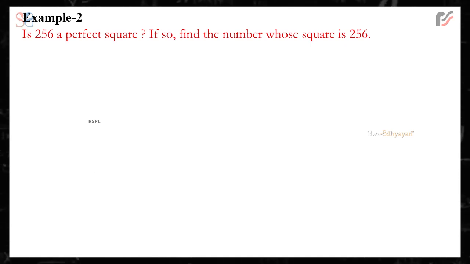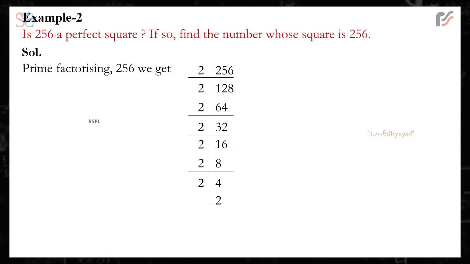Example 2. Is 256 a perfect square? If so, find the number whose square is 256. Solution. Prime factorizing 256, we get, dividing 256 by 2, we get 128. Dividing 128 by 2, we get 64.